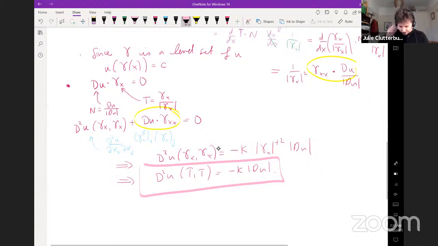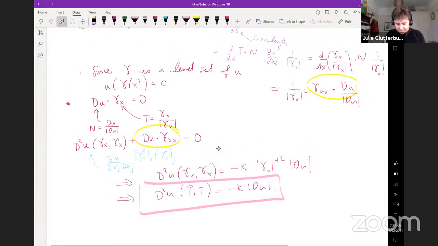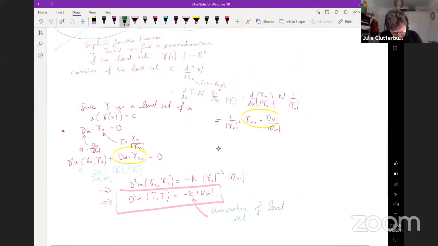Okay, so this is a fairly natural identity. If we think about our problems, this is telling us the curvature of the level set. And the sign of the curvature of the level set is given by one component of the Hessian, the component of the Hessian that's purely in the direction of the tangent. And this is natural when we think about our picture up here.